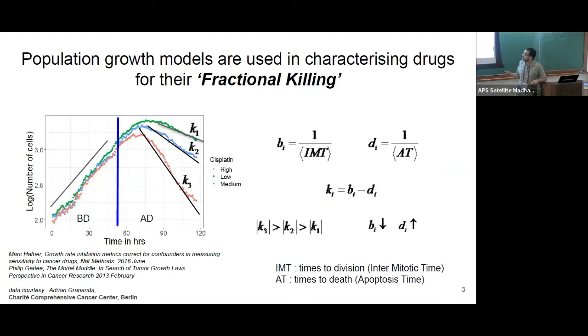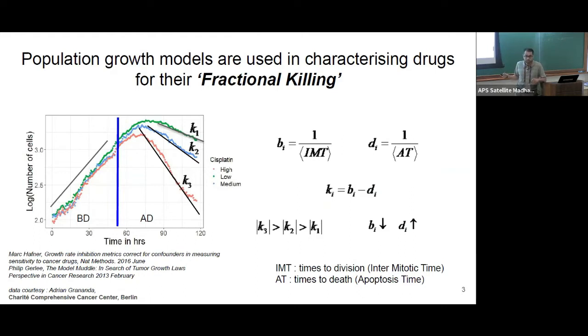Now, here I present a graph from data provided to us by our collaborator Adrian. This is a semi-log, log versus linear plot of population versus time of U2OS cancer cells. It has been divided into two sections: one before addition of the drug, and one after addition of the drug.